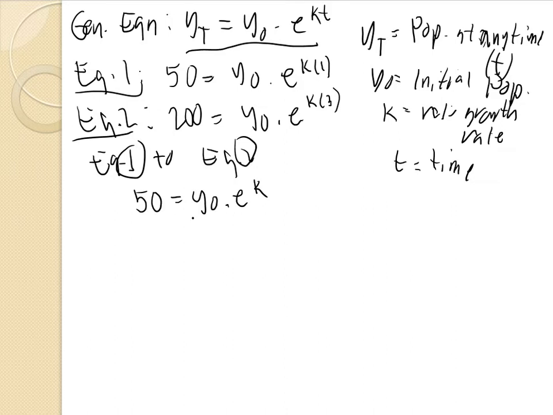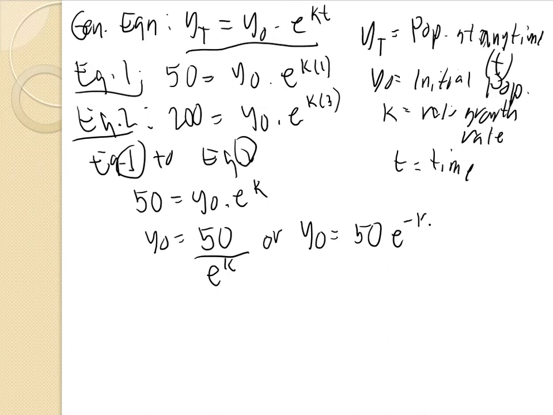We equate this in terms of y sub 0, so yung e^k mapupunta sa kabila. So y sub 0 equals 50 over e^k, or this can be written as y sub 0 equals 50 times e raised to negative k when we transfer this above. Now, this is still equation 1.